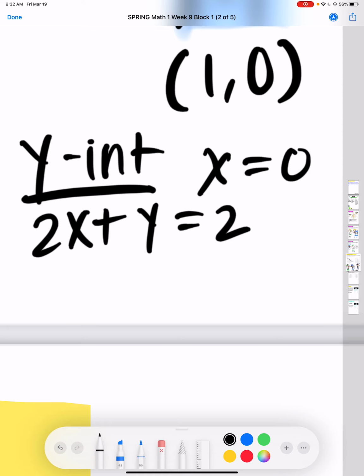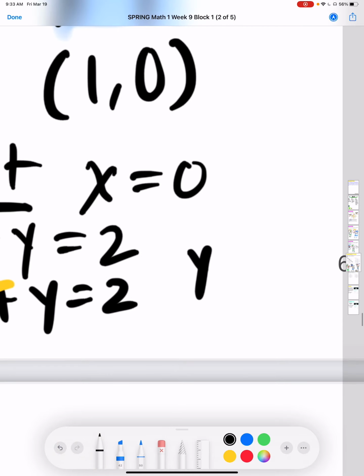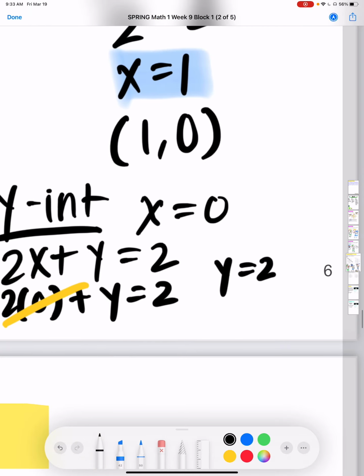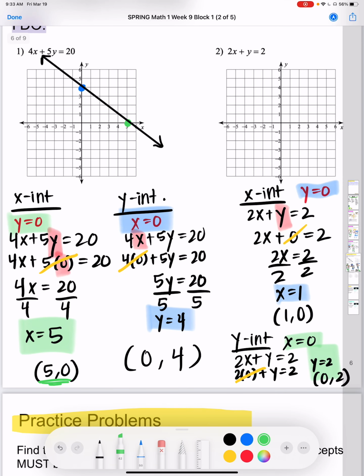I'm going to go ahead and plug in. So 2 times 0 plus y equals 2. 2 times 0 is gone, and I'm actually just left with y equals 2. So my answer for this one is 0, 2, which is my y-intercept. Let me highlight this. X is 0, y is 2, so that means 0, 2 is my coordinate.